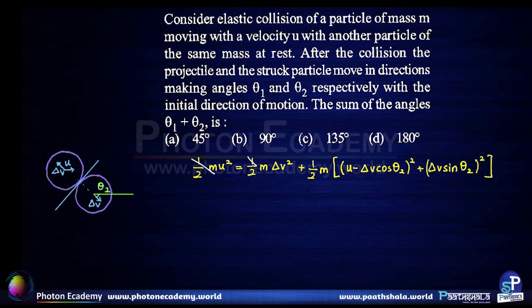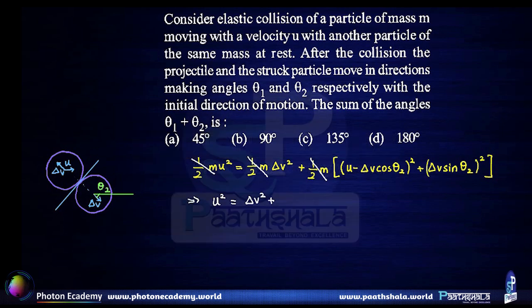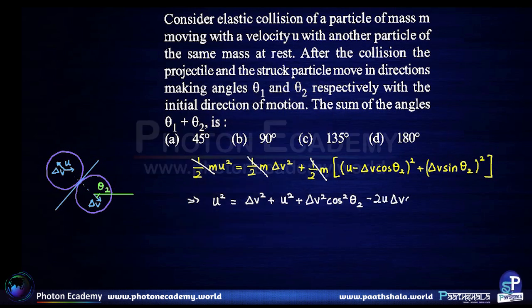1/2 m can be taken out of the equation right here, and we have u squared is equal to delta v squared plus, expanding all these brackets, u squared plus delta v squared cos squared θ2 minus 2u delta v cos θ2 plus delta v squared sin squared θ2.